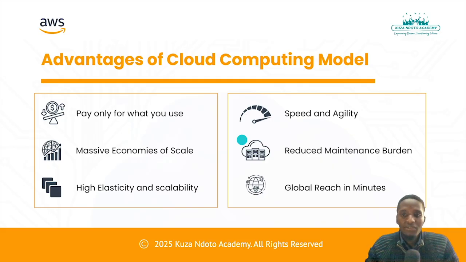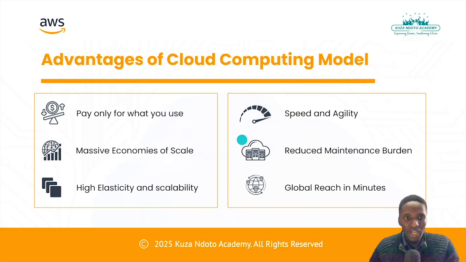Because it simply delivers advantages that the traditional IT model cannot match. The first big shift is in its friendly financial model. In the past, companies had to spend huge amounts of money upfront just to get started. They had to buy servers, rent space for data centers, and hope they calculated everything correctly. With the cloud, that flips completely.